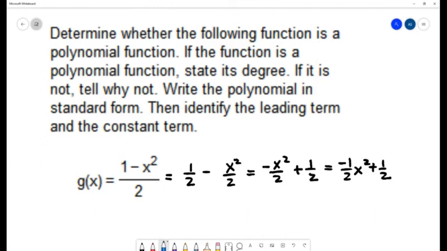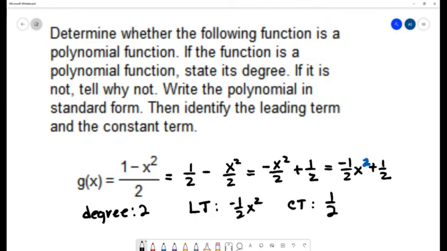Looking at the powers on our variable, we have a power of 2, and that is one of the allowed powers for polynomial functions. So this is a polynomial function. The degree of this polynomial function is 2, and the leading term would be negative 1/2 x squared, and the constant term would be 1/2.